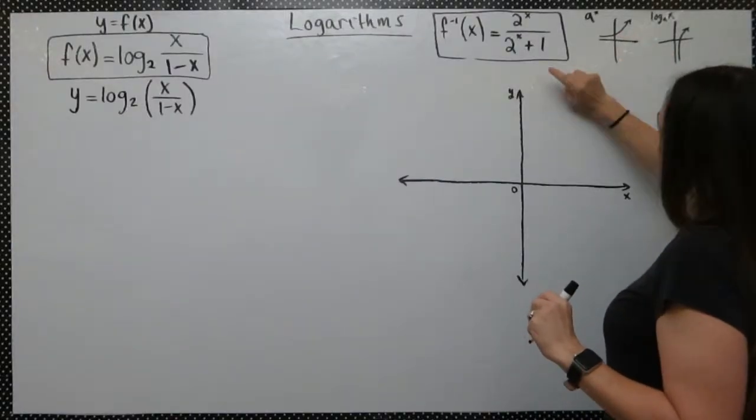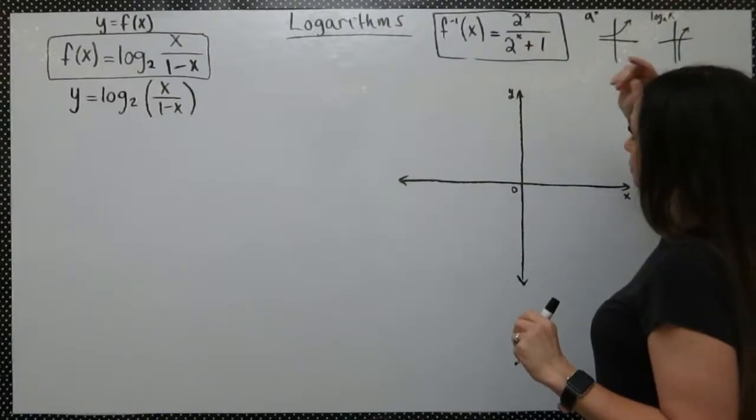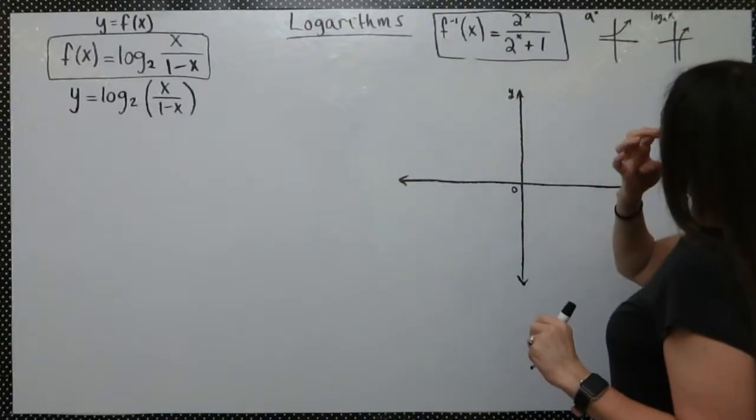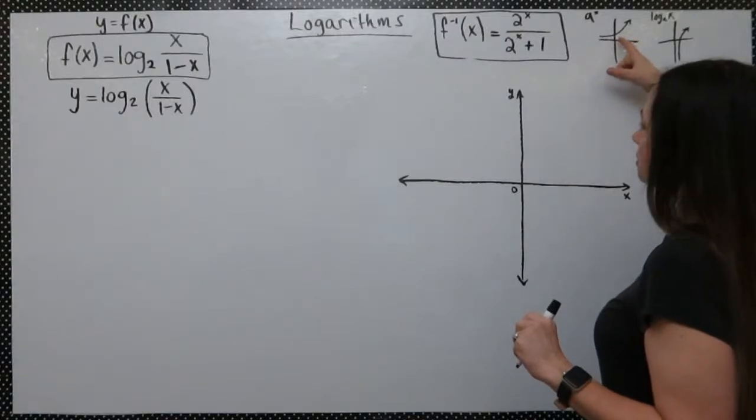So when I first generally sketch the graph of the inverse, I'm going to let x be 0 and figure out what y is doing.